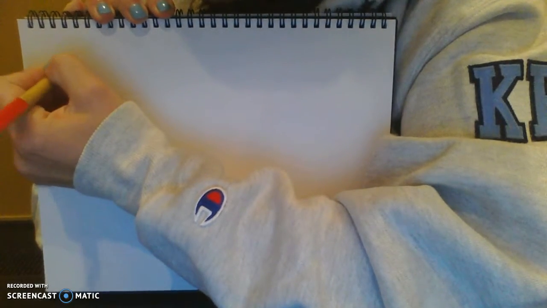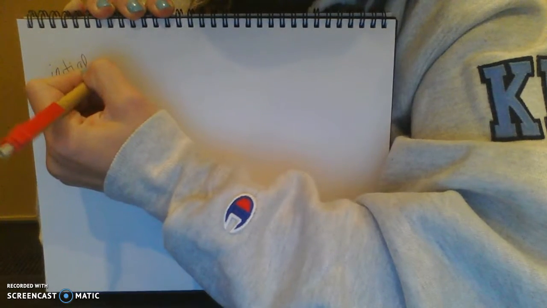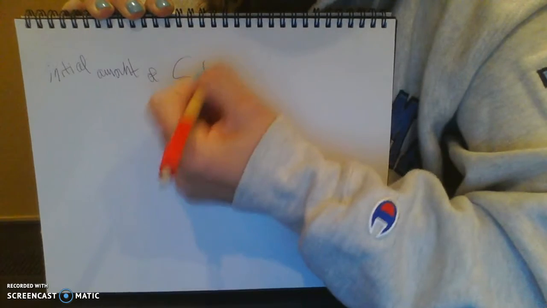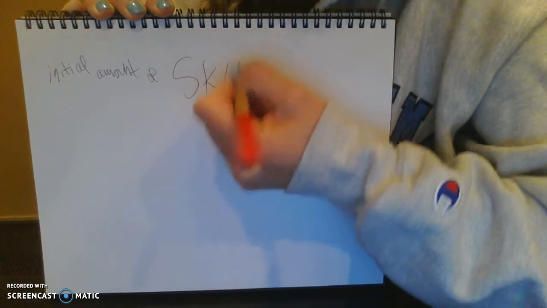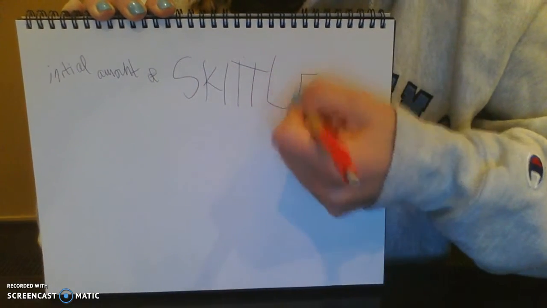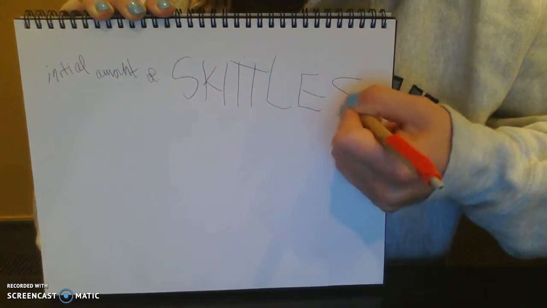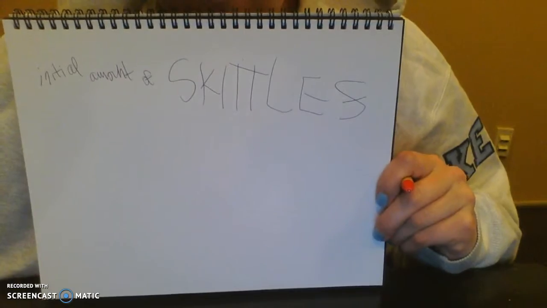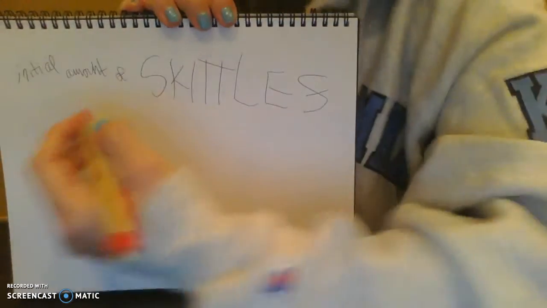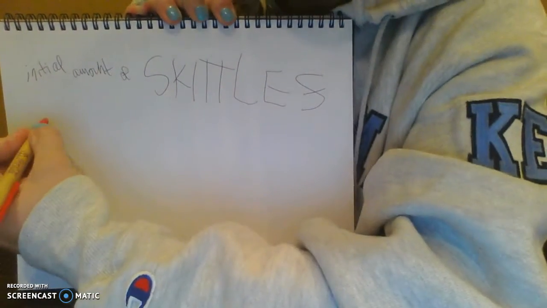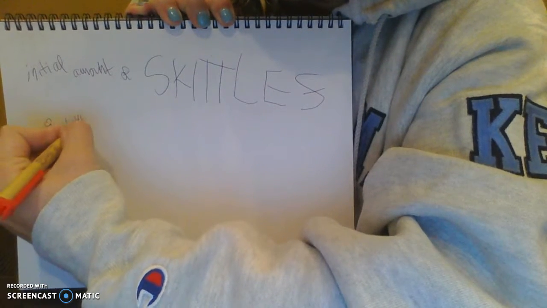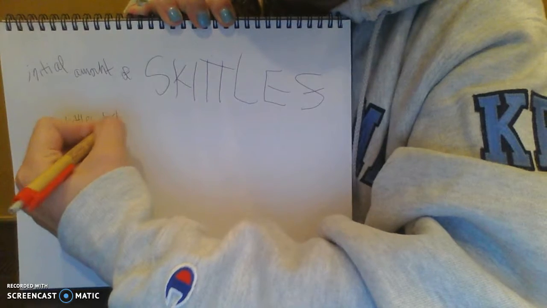We would be given something like an initial amount of Skittles. That is backwards because I'm upside down. So my initial amount of Skittles is, we're going to say, 8 Skittles to start.